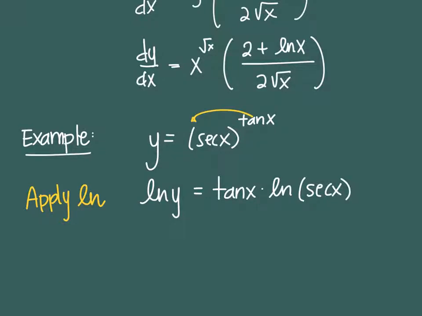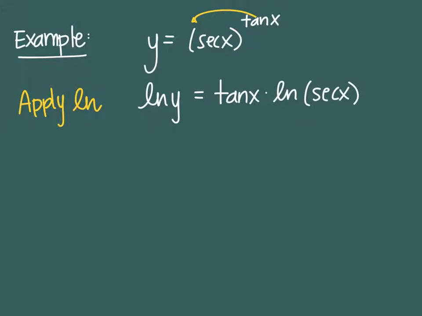So we have taken the natural log, which allows us to pull that power down to the front. Now we're going to apply the rules for derivatives. On the left side, that should be 1 over y times dy dx.